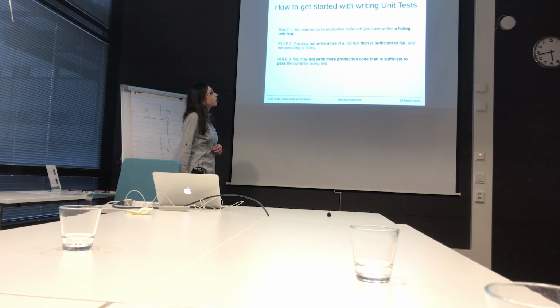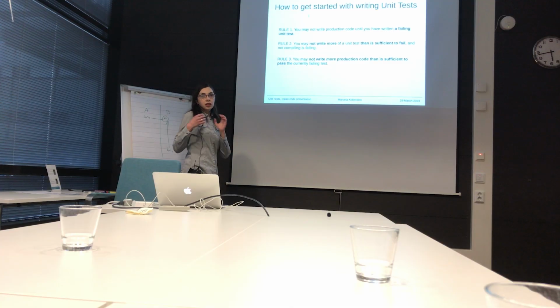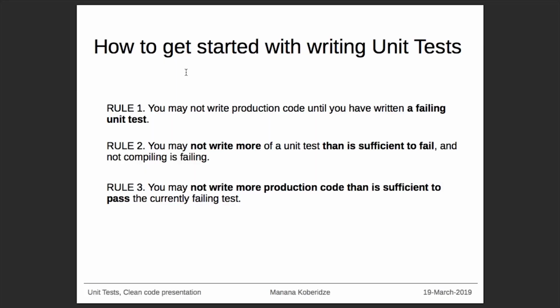And we should not write too many unit tests at once, just a single small functionality and corresponding code. And we should not run ahead in writing the production code either. We should not write too much code and then unit tests again.